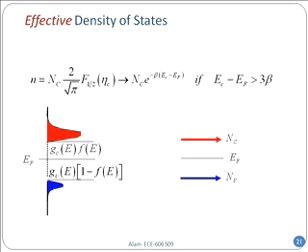Because I had it all spread out in energy, I've squished it all at energy level EC. It's a sum over all the states, and that's called an effective density of state, NC, and for the valence band, NV. I will just think that I don't have this distribution, but just one level, and that level is occupied by the Fermi factor. That's it.